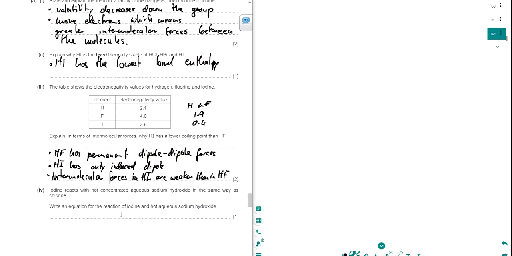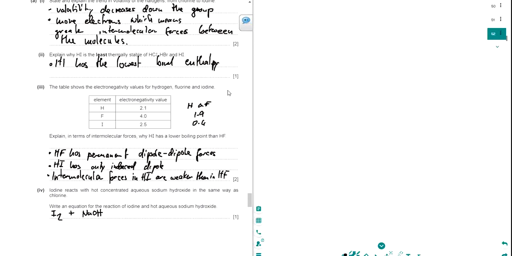Iodine reacts with hot concentrated aqueous sodium hydroxide in the same way as chlorine. Write an equation for the reaction of iodine and hot aqueous sodium hydroxide. I2 plus NaOH and reacts in the same way as chlorine.